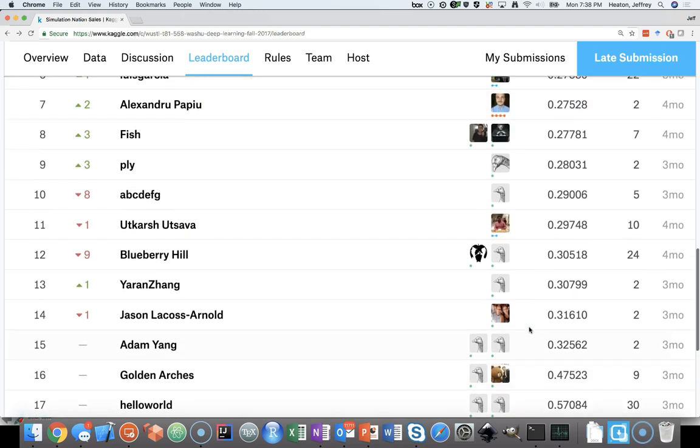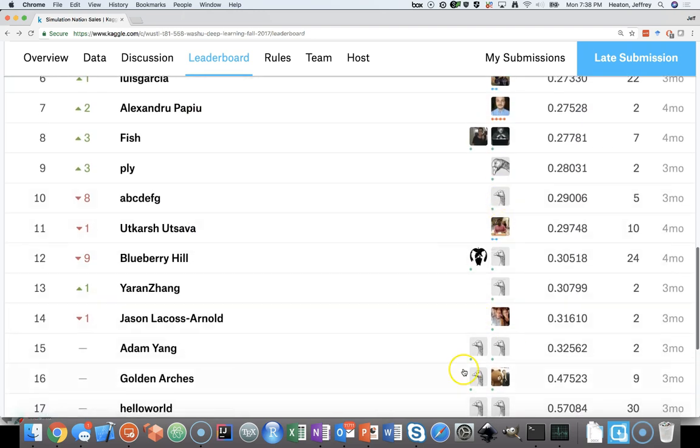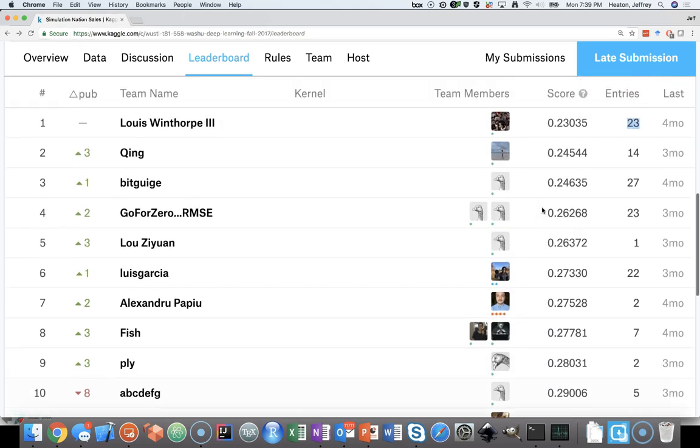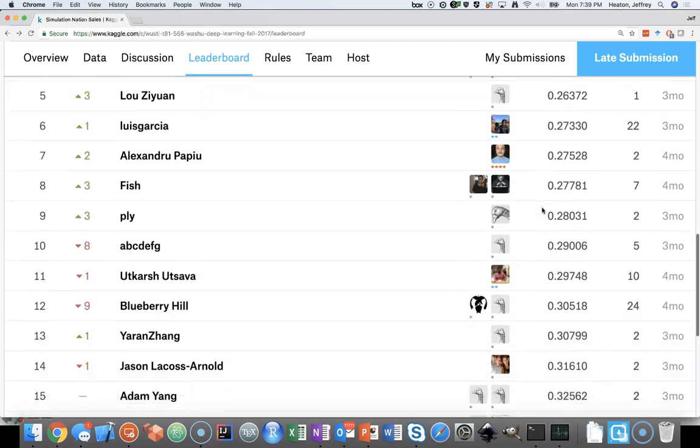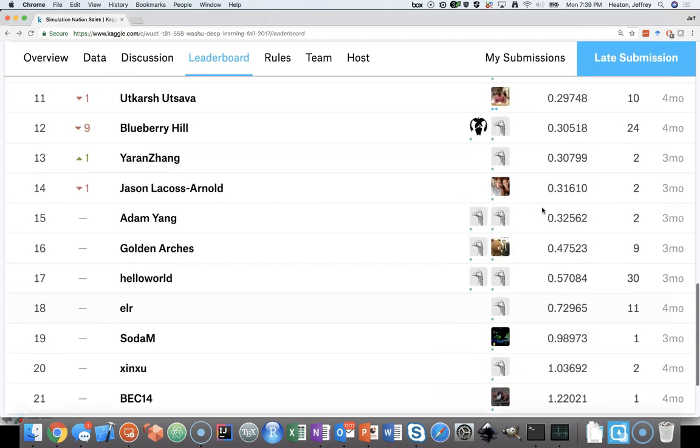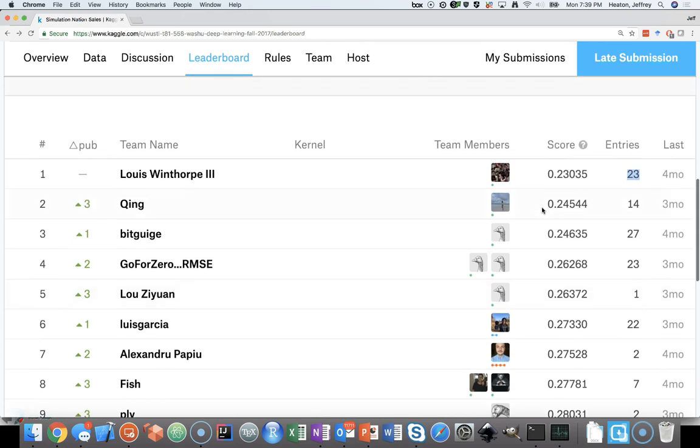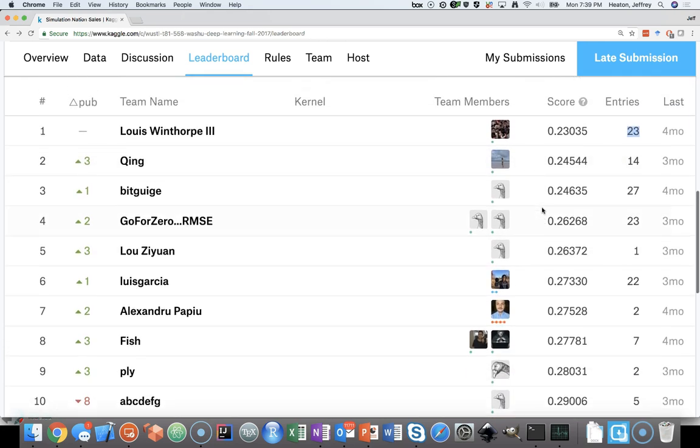This page updates. So if some of these students get interested in Kaggle and become an expert, or this guy, I don't know if he was one of the students, I don't remember, but he has competed. You'll notice too, it says team members, and you'll see we really didn't have any big teams. Kaggle allows you to combine into teams.